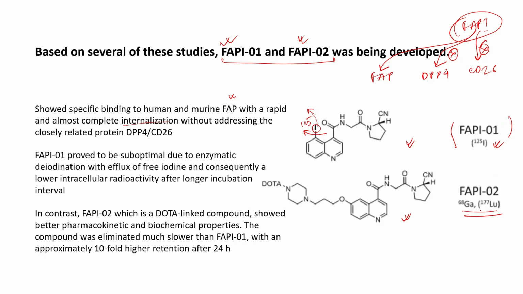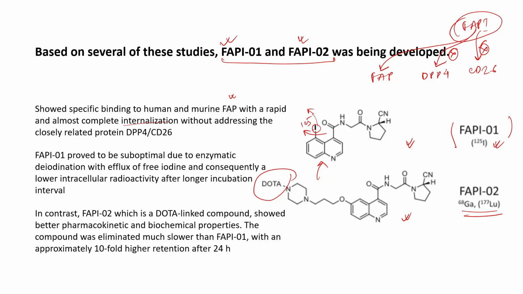So FAPI1 was not that optimum, but in contrast, FAPI2 was really excellent compared to FAPI1, because it has a chelator called DOTA, and it showed better pharmacokinetic and biochemical properties. FAPI2 was eliminated much slower than FAPI1, and we'll see later on the kinetics of FAPI2, but it is still better than FAPI1.